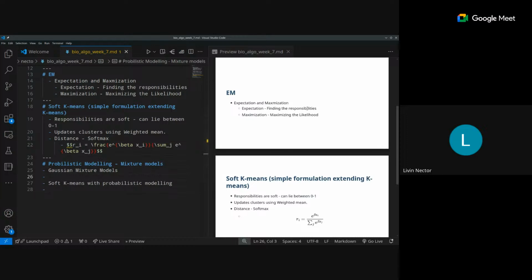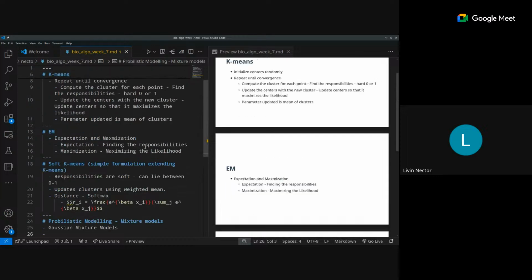In that, there will be multiple Gaussian distributions with different means and variances. We make certain assumptions on how the variance and the means look. For example, each distribution will have a different mean.